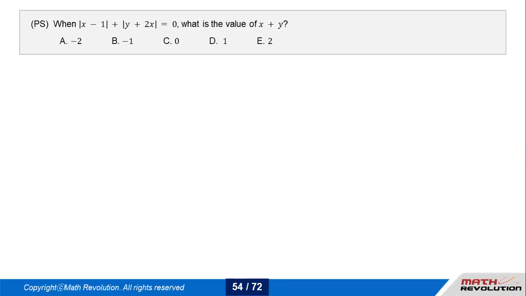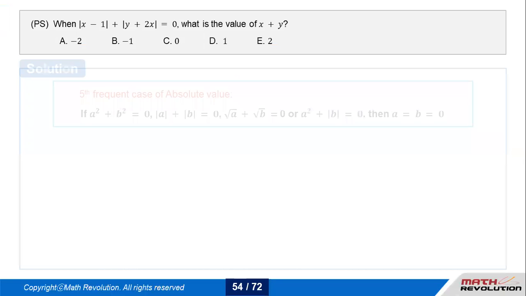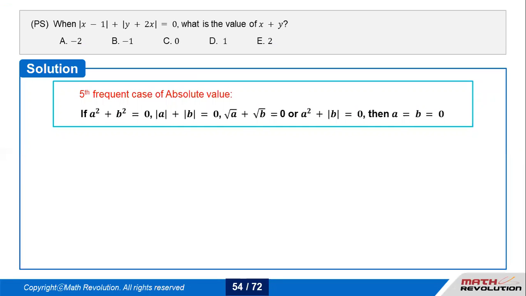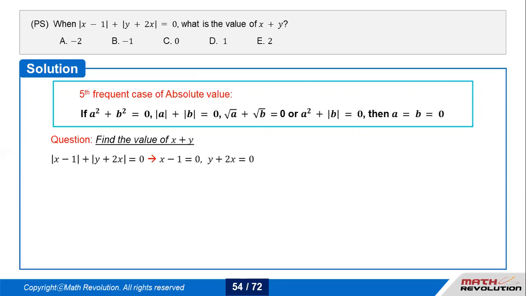So now this is a PS question. When mod of x minus 1 plus y plus 2x is equal to 0, then what is the value of x plus y? So now see, mod of x minus 1 is equal to 0. That means x minus 1 is equal to 0 and y plus 2x has to be equal to 0.